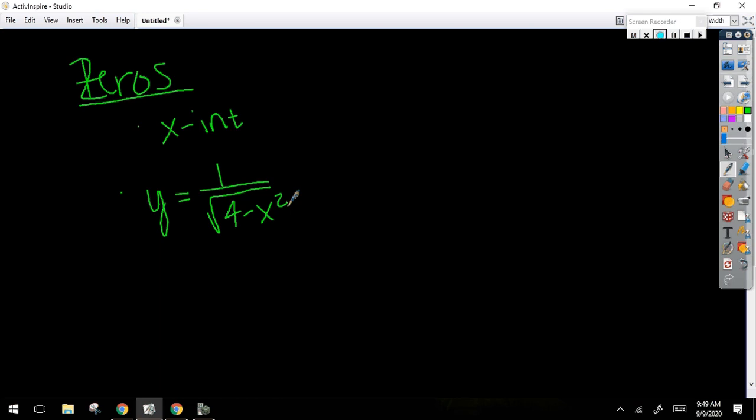Because this is happening in the bottom, if you think back to pre-cal when you talked about holes and asymptotes, that's going to be undefined points, so they're going to be asymptotes, and the graph can't actually cross over the x-axis there. If you're finding the x-intercept, make the y 0 and you solve, right?